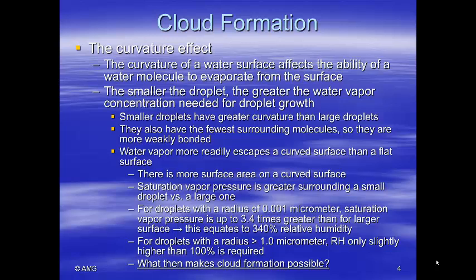Saturation vapor pressure is greater surrounding a small droplet versus a large one. So for water droplets with a radius of 0.001 micrometer, and a micrometer is 10 to the minus 6 meters, saturation vapor pressure is up to 3.4 times greater than for larger surfaces.